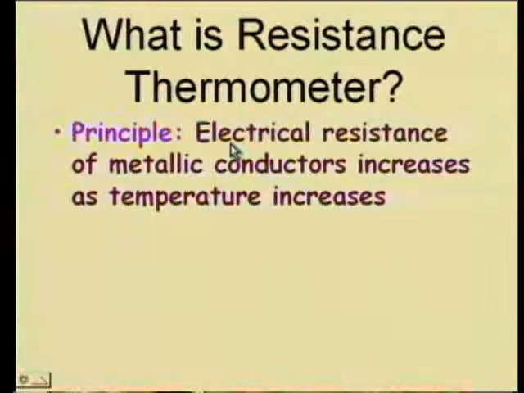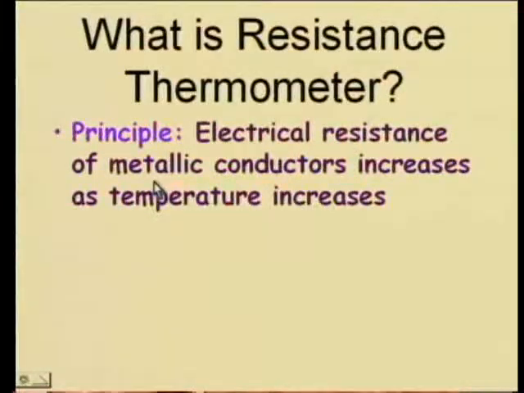A thermometer is nothing but a device to measure temperature. So how do we measure it? Through resistance. So we have to develop resistance, and based on that, we see how much resistance is produced. So what is a resistance thermometer? Principle: electrical resistance of metallic conductors increases as temperature increases.